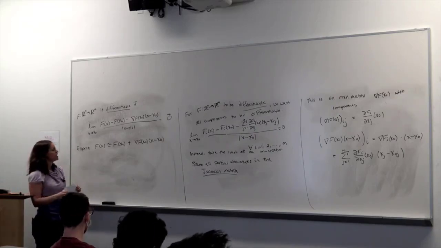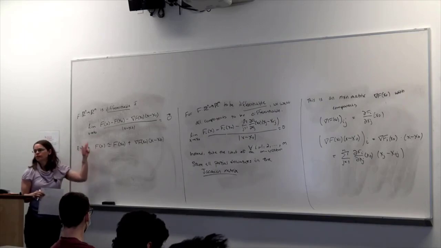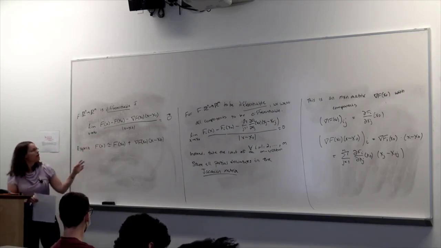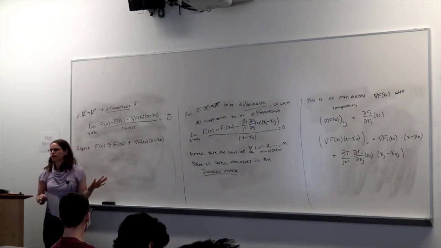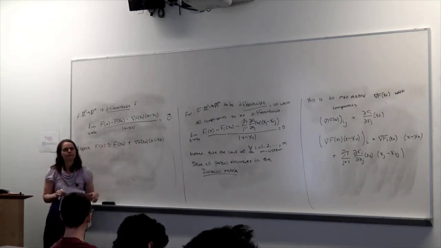And something like this, f of x on the left-hand side is whatever it is. It could be very nonlinear. But what's on the right-hand side, we're going to call an affine transformation. That is, it has a linear part and a constant part.